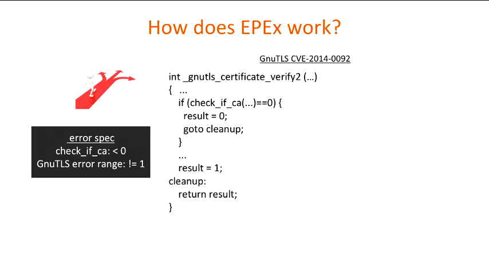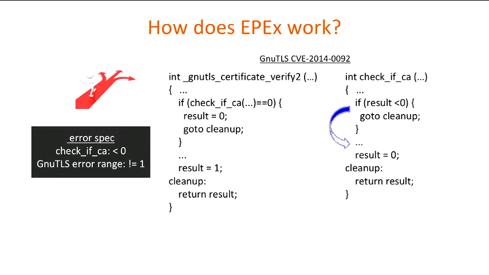Now let's see how EPEx works by using an example. Let's look at the GnuTLS bug that we talked about earlier. We start doing under-constrained symbolic execution inside the caller, and because it calls check_if_ca, we symbolically execute that one also. So let's look inside.